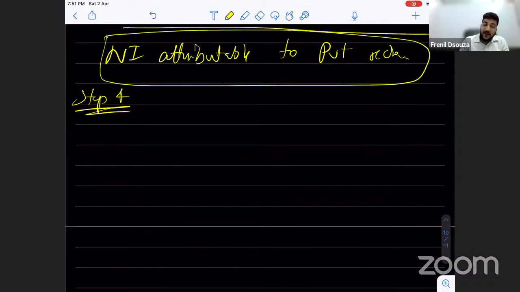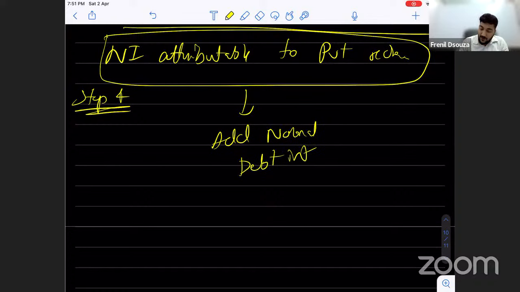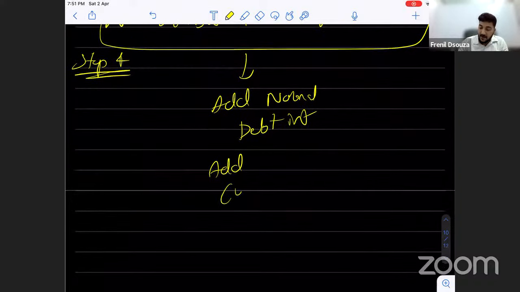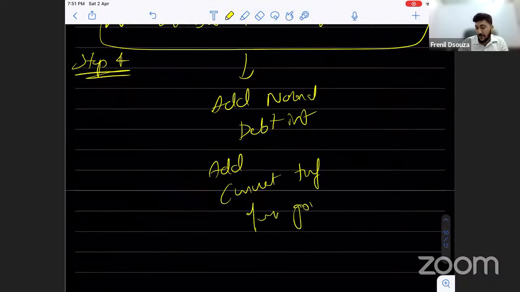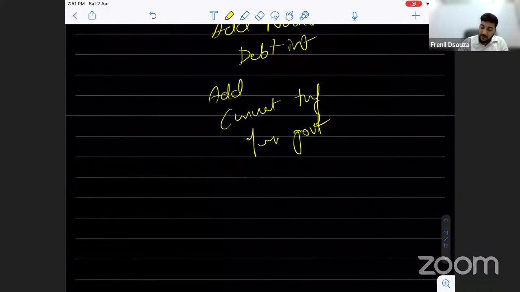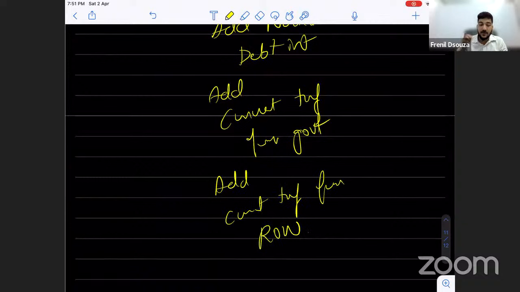To this, we are going to do some adjustments in step 4. That is, we are going to add national debt interest, and we are also going to add current transfers from government, and current transfers from rest of the world.